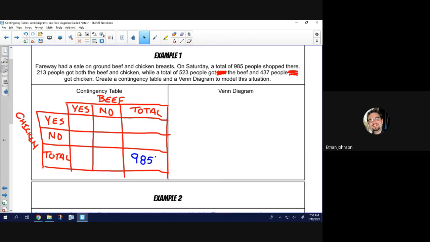So in my yes beef column and in my yes chicken row, where they overlap, should be the 213, because yes, they got beef and yes, they got chicken. It says a total of 523 people got beef, so my yes beef total is 523. And then my yes chicken row total should be 437.